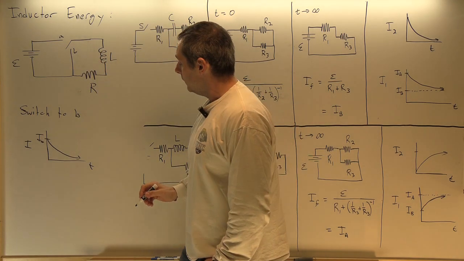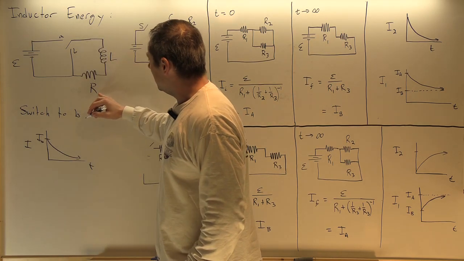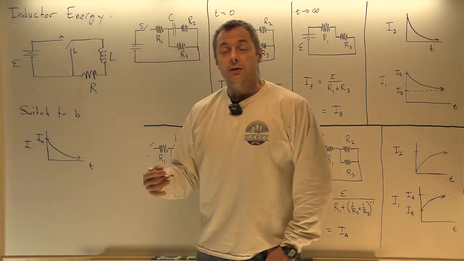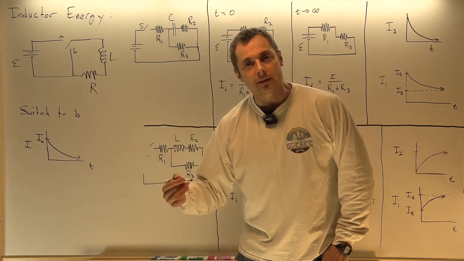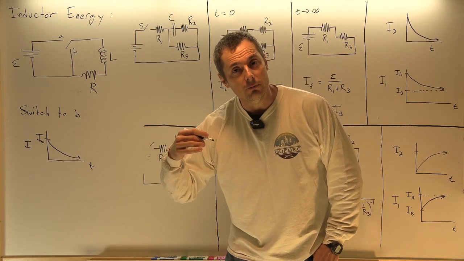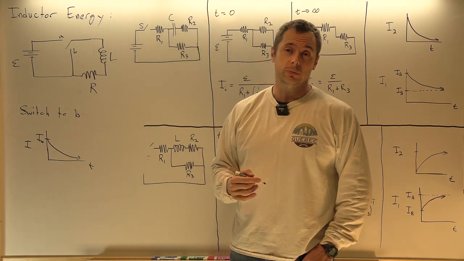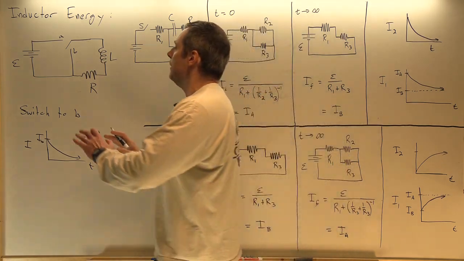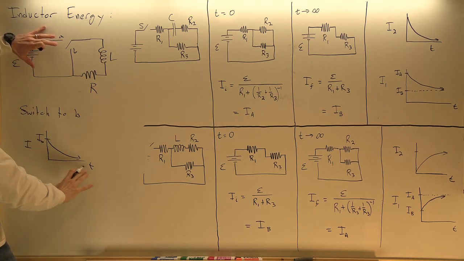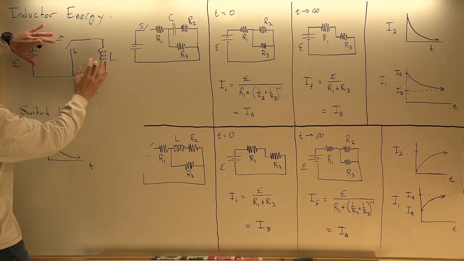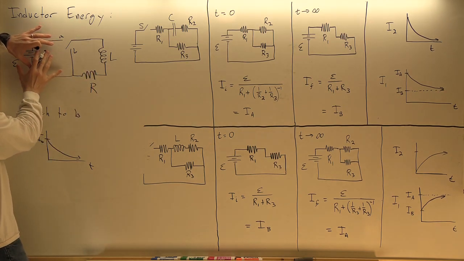And as you know, the current in the resistor creates heat. It creates power, I squared R. And that heat is energy. It has to come from somewhere, as we know from the law of conservation of energy. But the battery is now out of the circuit. So while this current is decaying and there's more heat coming out of the resistor, where did that come from?